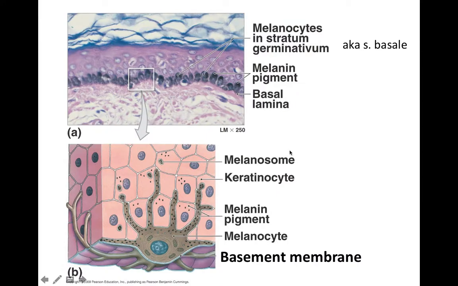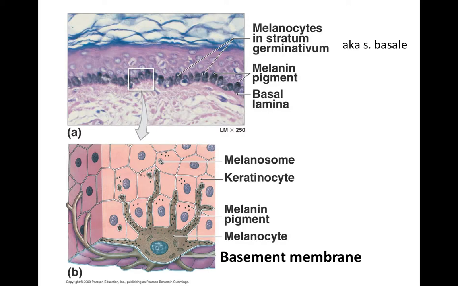So I just wanted to show you, here's a picture of a melanocyte. They've got these long cytoplasmic extensions that are coming out, and these cytoplasmic extensions are filled with the pigment, melanin, and they're going to exocytose, cleave off that pigment, and put that pigment into the cells of the keratinocytes.